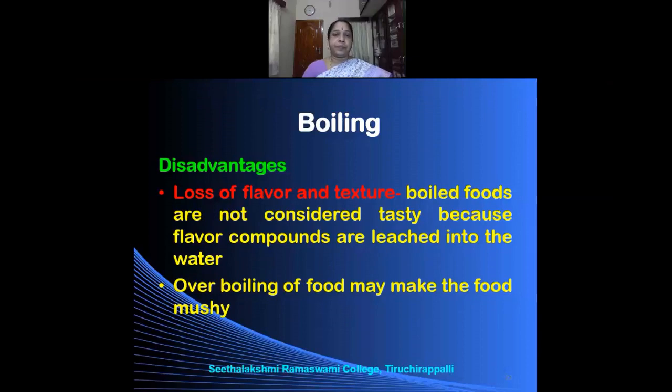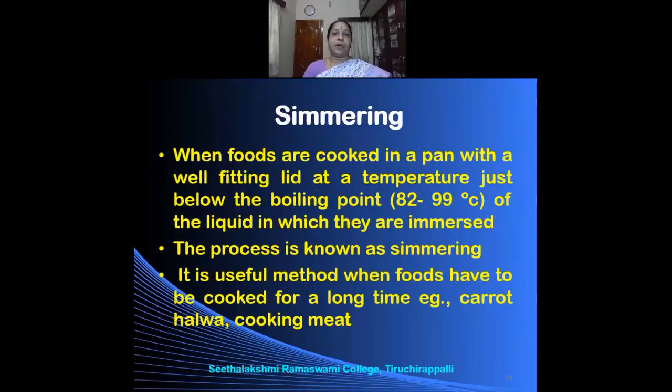The next method is called simmering. Simmering also is a moist heat method. When the food is cooked in a pan with a well-fitting lid at a temperature just below boiling point, which is 82 to 99 degrees centigrade, or in the liquid in which they are immersed, the method is called simmering.